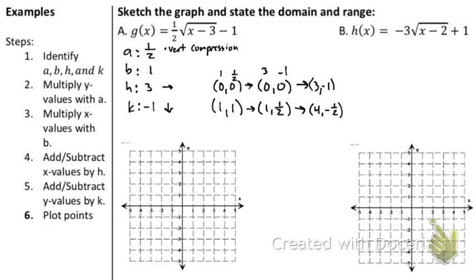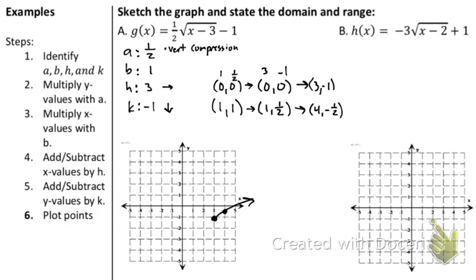We want 3, -1, and then 4, -1/2, which would be right there. And again, we have to remember, what does our graph look like when it's square root? It looks like a sideways parabola, or half of a sideways parabola.